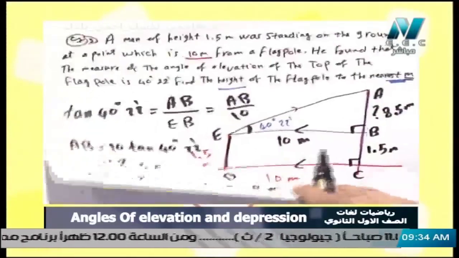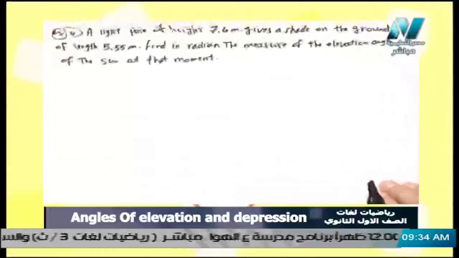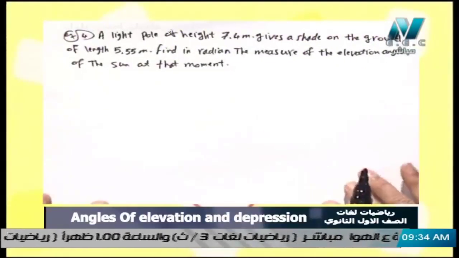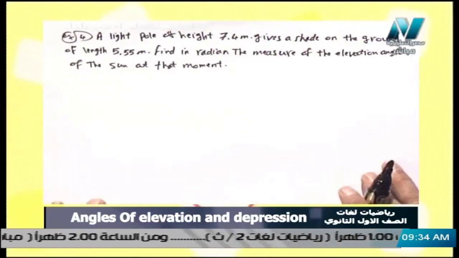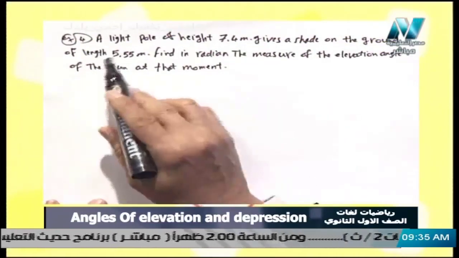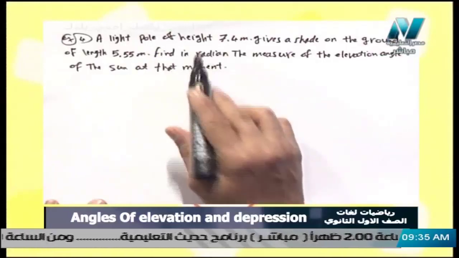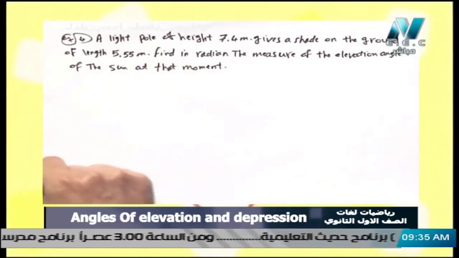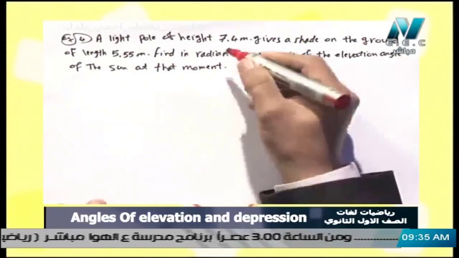Let's move to another question. We have here another question about the height of a pole. A light pole of height 7.4 meters.